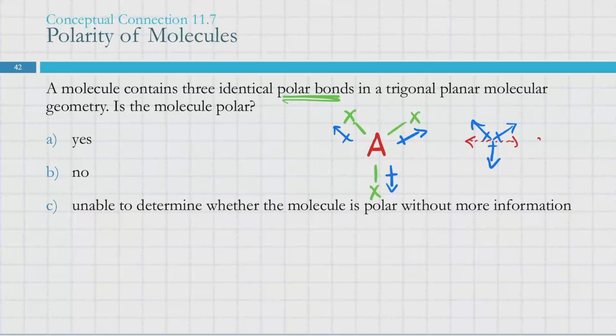Those are going to be the same size rather. Those will cancel out. And then the upward components should add up to be the same size as the down arrow. So because all of our arrows are pointing in nice, evenly spaced directions and they're the same magnitude, they cancel out completely. So this molecule is not polar.